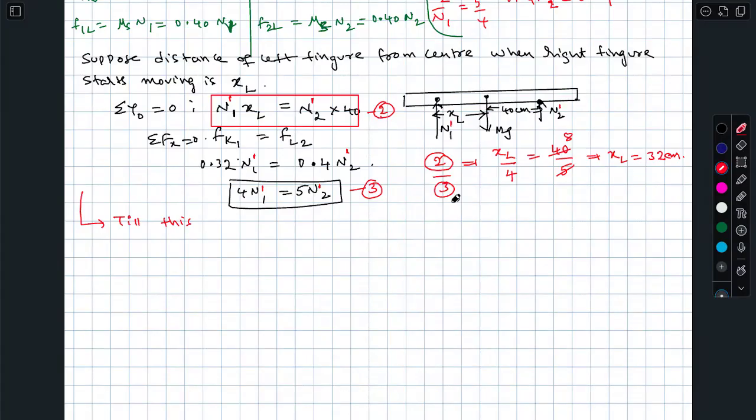XL by 4 is equal to 40 by 5 కరెక్టేనా? అవును వచ్చింది. టూ బై త్రీ చేస్తే XL by 4 is equal to 40 by 5 కరెక్టా రాంగా? ఇవే చెప్పు, కరెక్టే కదా? ఈక్వేషన్ 3లో ఏమైనా తప్పు ఉందా? ఎందుకు తప్పు ఉంది?